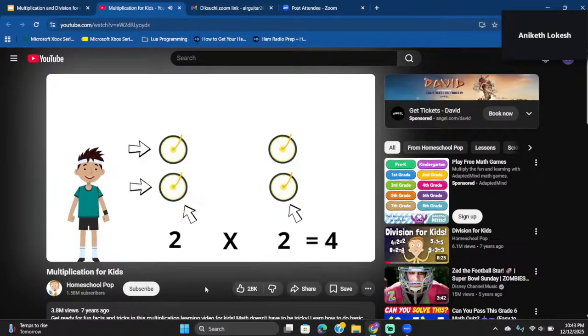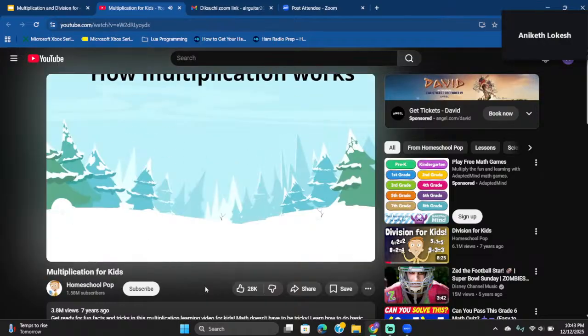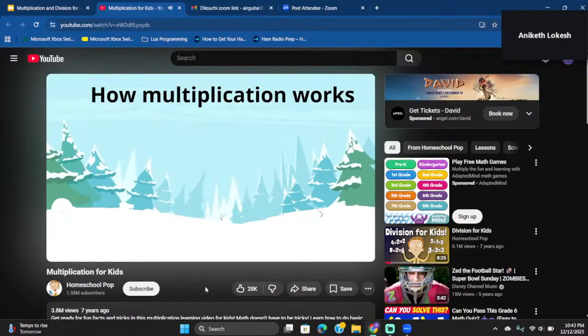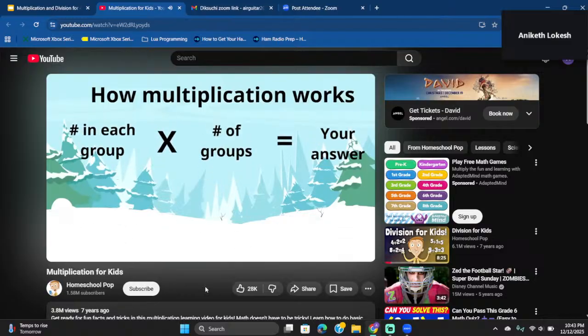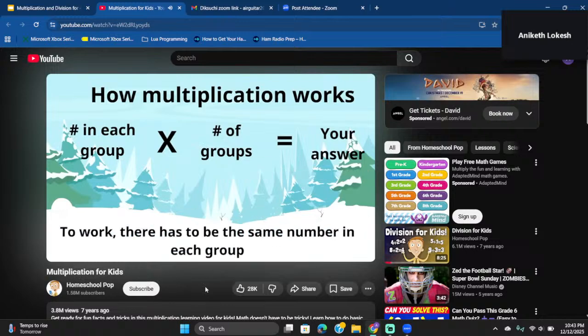If you have 2 bikes, that means you have 4 wheels. Remember, this is how multiplication works. The number in each group times the number of groups equals your answer. Of course, to work, there has to be the same number in each group.